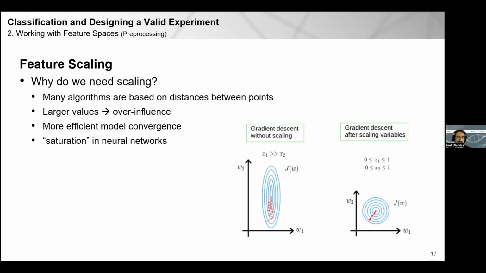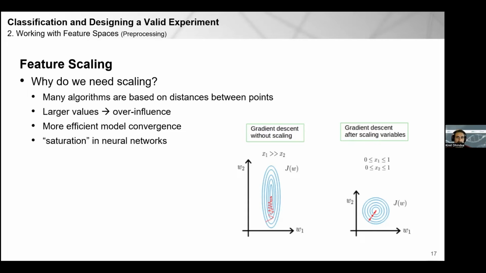If we have an algorithm that makes use of Euclidean distances between points, of course, this weight variable will basically dominate the model itself. And it could turn out that actually age was the more informative feature and weight is less informative. It's just that we can't really get at that information that's in the age variable because it's just being washed out by the unscaled weight variable.